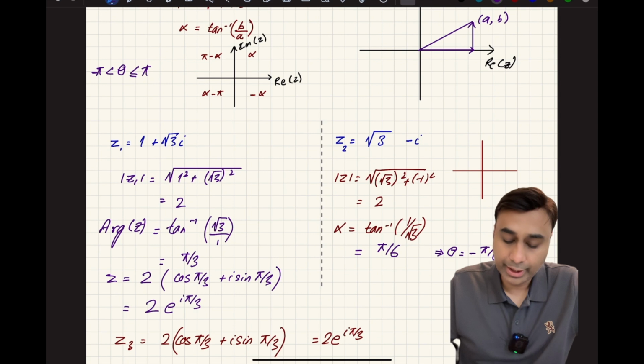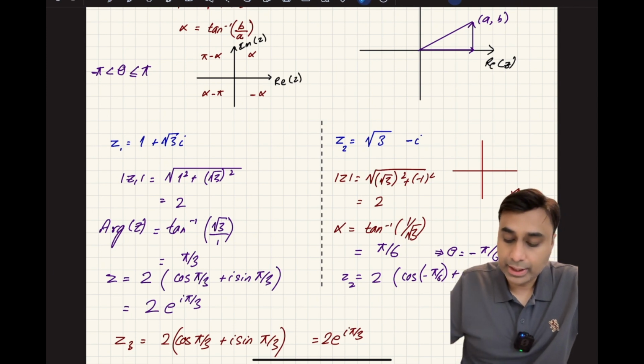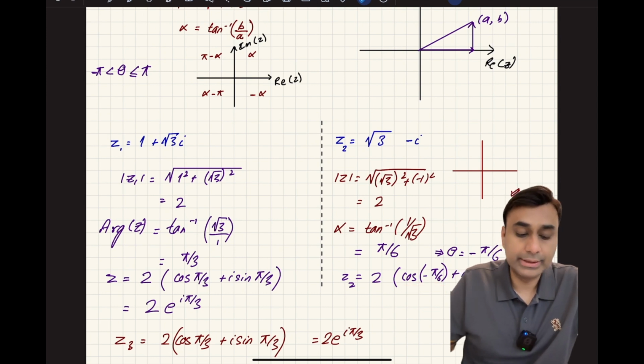And I can rewrite my complex number as r, which is 2 cos of minus pi by 6 plus iota sine of minus pi by 6. And you can also use one more identity, that cos of minus theta is plus cos theta, whereas sine of minus theta is minus sine theta.